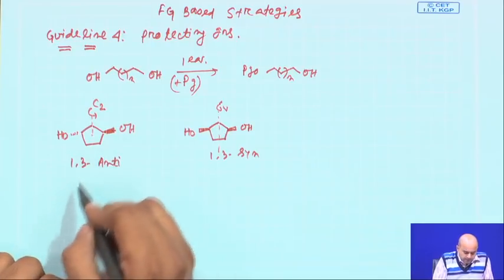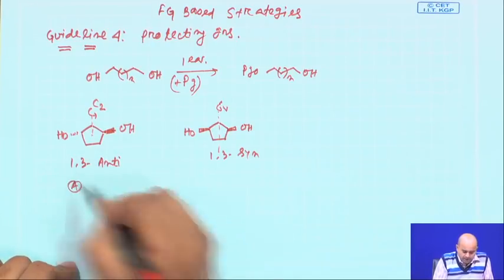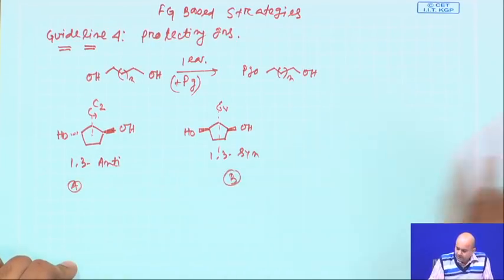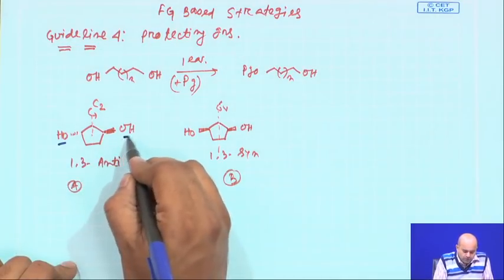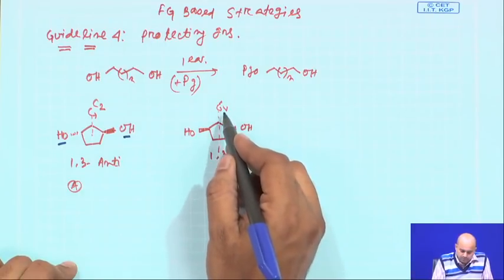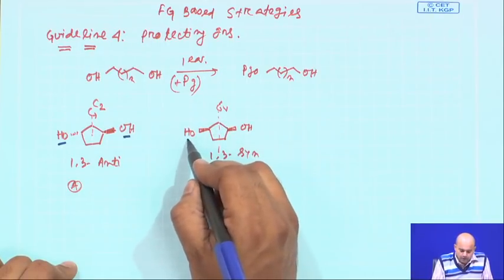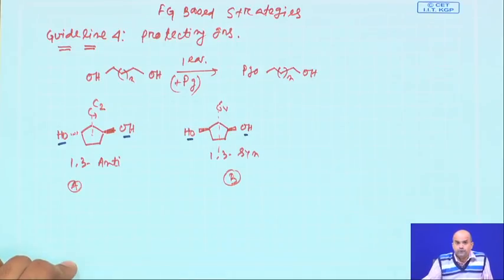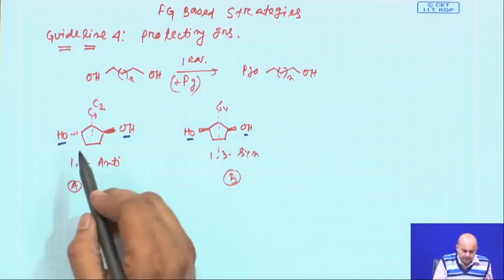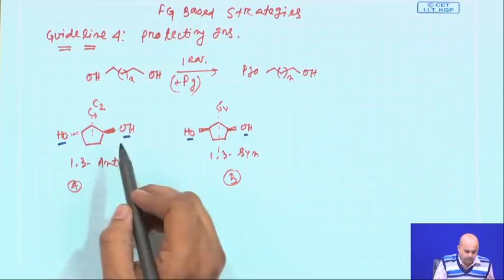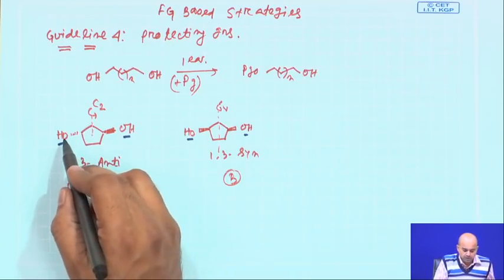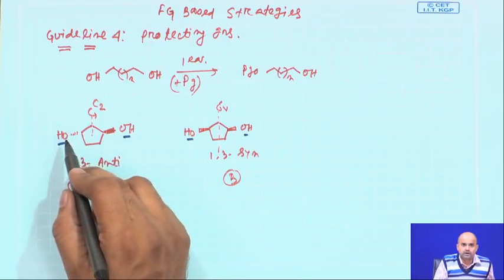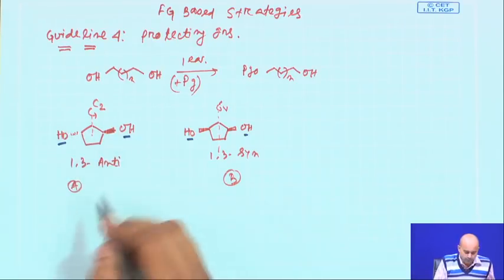Now, I said compound A and compound B. In compound A there are two OH groups, OH1 and OH2, and compound B also has two hydroxy groups. If you remember, last week we said that if a compound has a C2 axis of symmetry, the OH groups or similar functional groups will be homotopic.